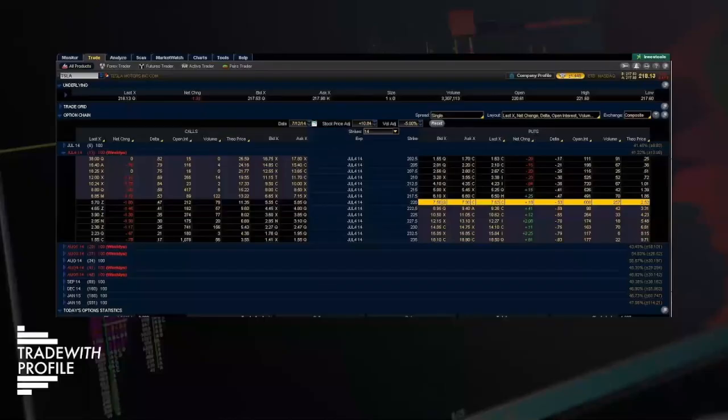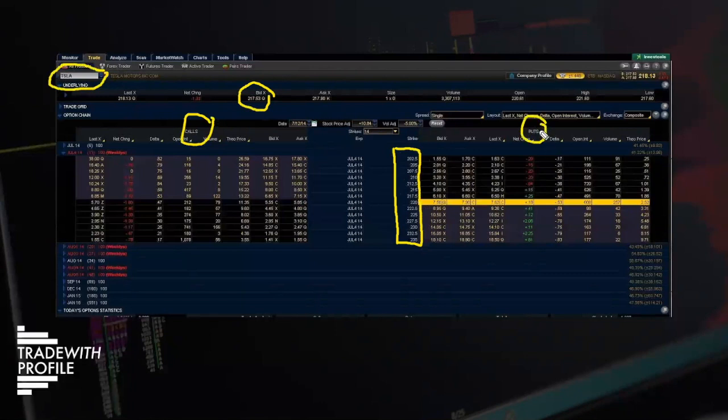When you're looking for opportunities, just again to reiterate, you're looking at the underlying, whatever the instrument is, you have the current price, and then the strike price is here. You have calls on one side, puts on the other, and those calls that are at strike prices below where we're currently trading, those are called in the money, meaning it's most likely that we're going to be at that price or higher at expiration.